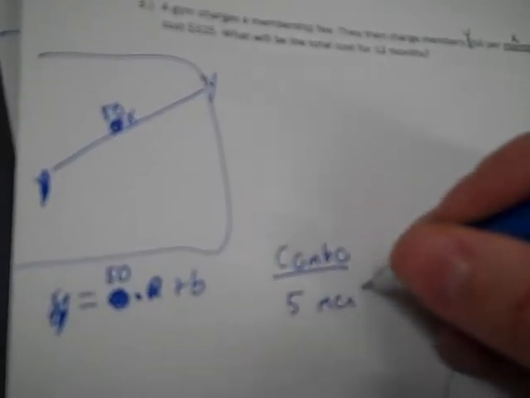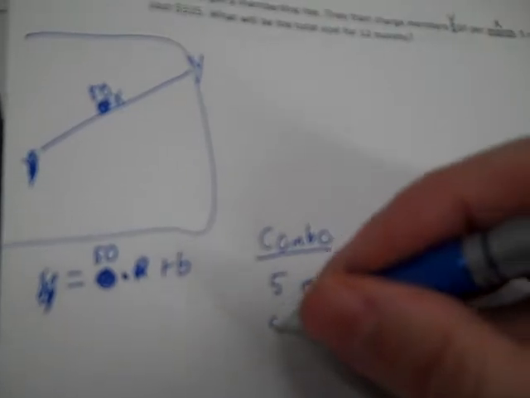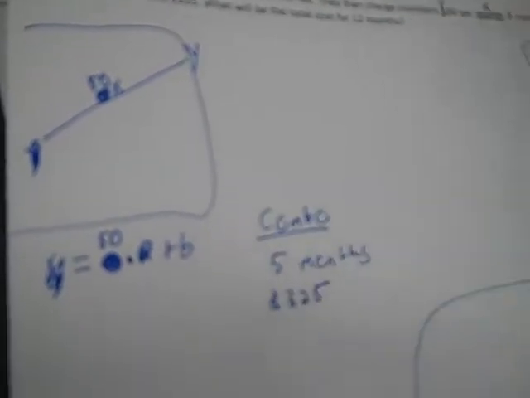Now, for the combo, I got to have a number here, a number here. I need to find 2 of these numbers, one of dollars, one of months in the same sentence, okay? So that's $50, but there's nothing in the sentence with it. 5 months will cost $325. They're in the same sentence, so I write those two things. 5 months, $325.